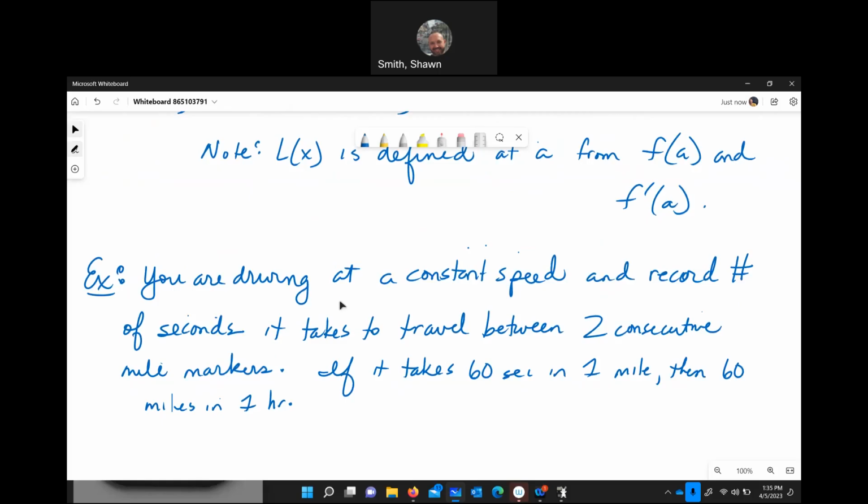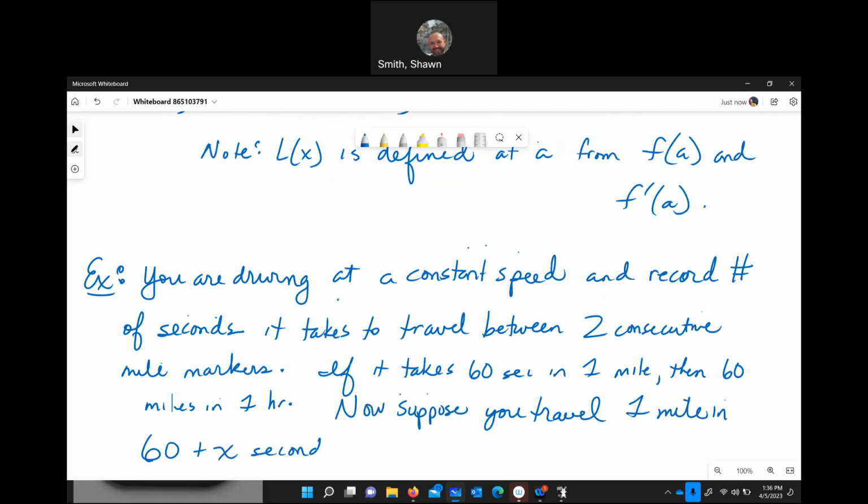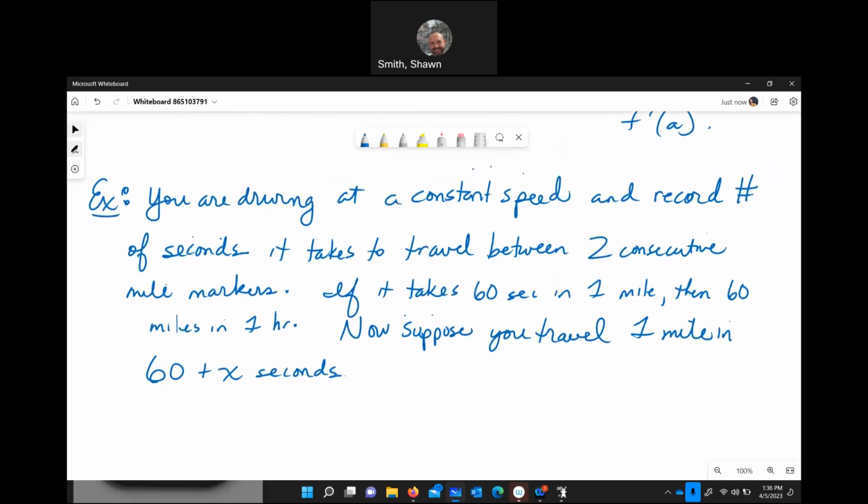All right, so now suppose you travel 1 mile in 60 plus x seconds. For example, 62 seconds, x is 2, right?